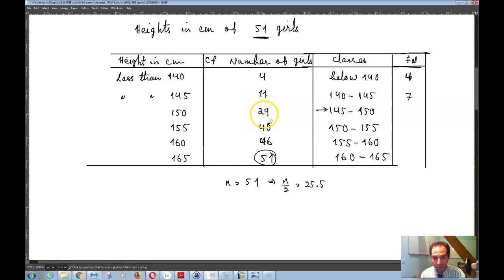So from 29 you have to subtract both of these numbers, 29 minus 15, which is equal to 14. And then 40, you have to subtract all of these numbers from it to get the frequency of this class, which is 29 plus 15, which is equal to 44.